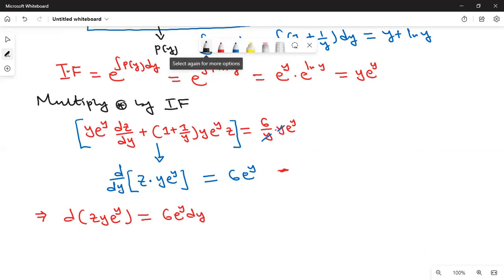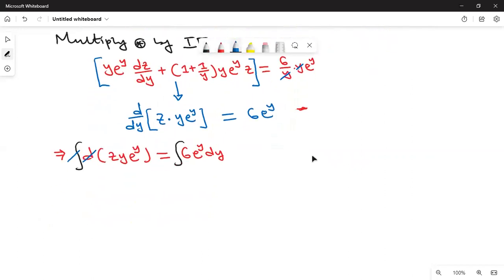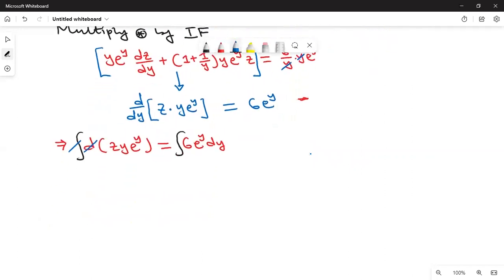So I need to integrate both sides. On the left-hand side, this is integral, this is derivative. Those are inverses of each other, so they'll cancel out. So what we have here is z times y times exponential y is equals to 6 exponential y plus a constant c of integration.